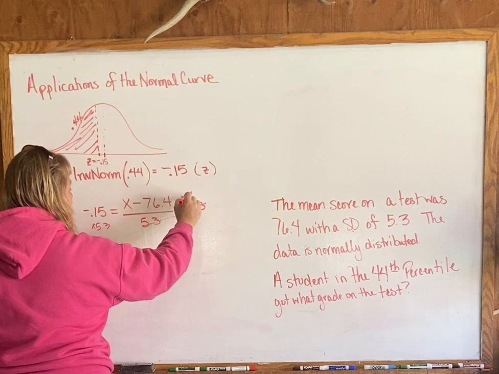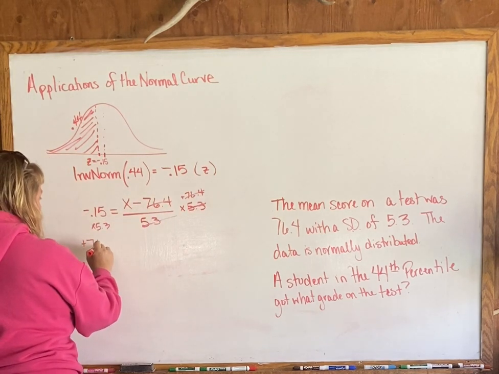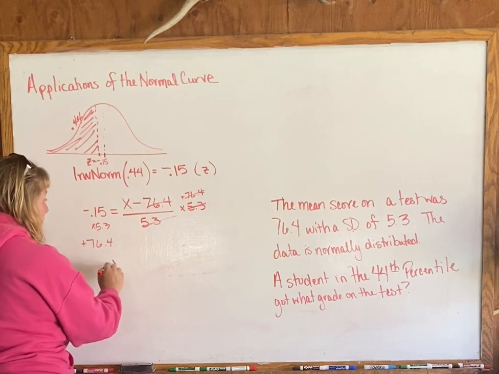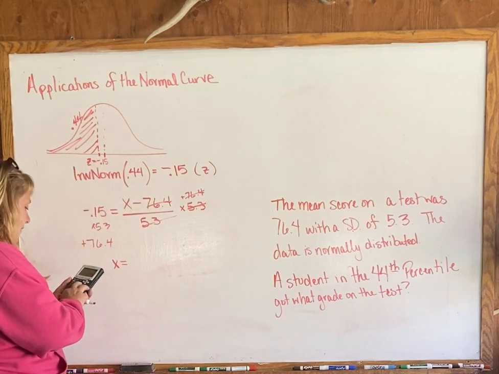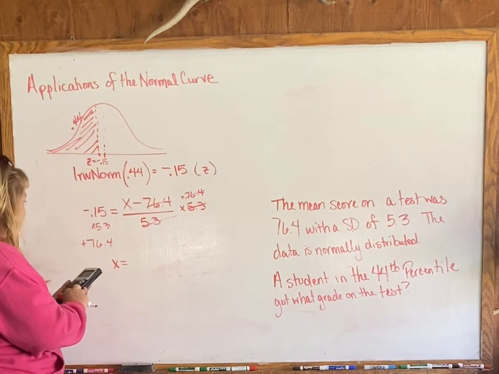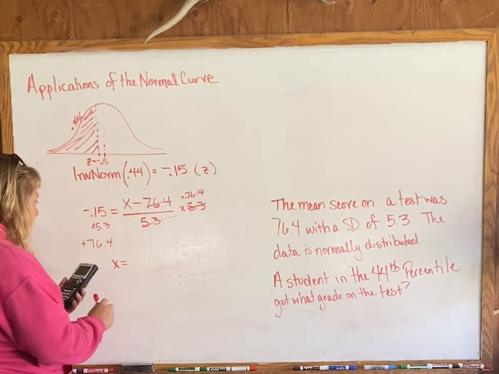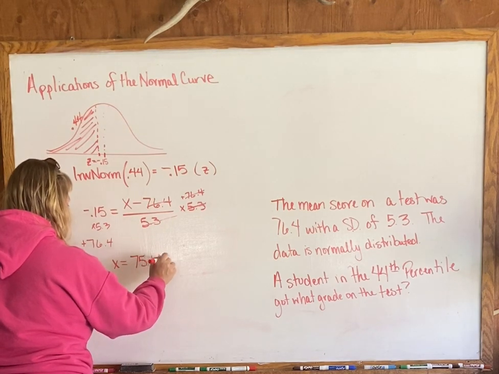And then add our 76.4, gets rid of that. Now, obviously not proper, beautiful notation here, but we're in stats class, not in algebra, so we'll just go with it. Okay, let's see. Negative 0.15 times 5.3 plus 76.4. So I end up with 75.605.